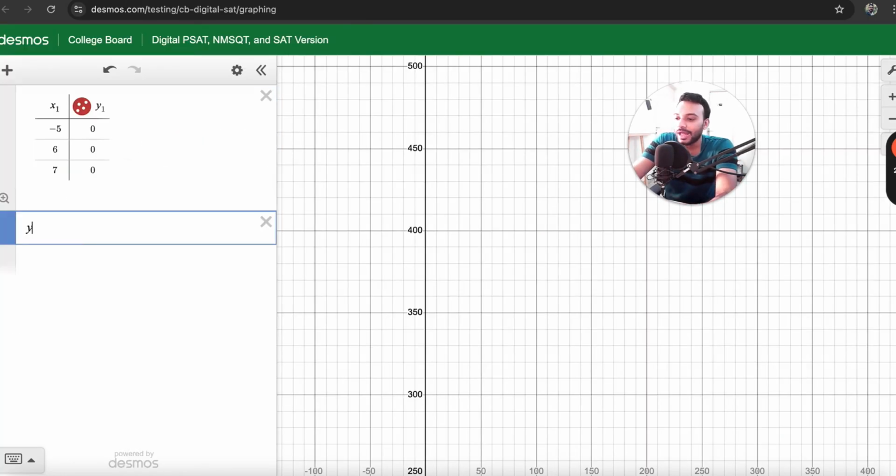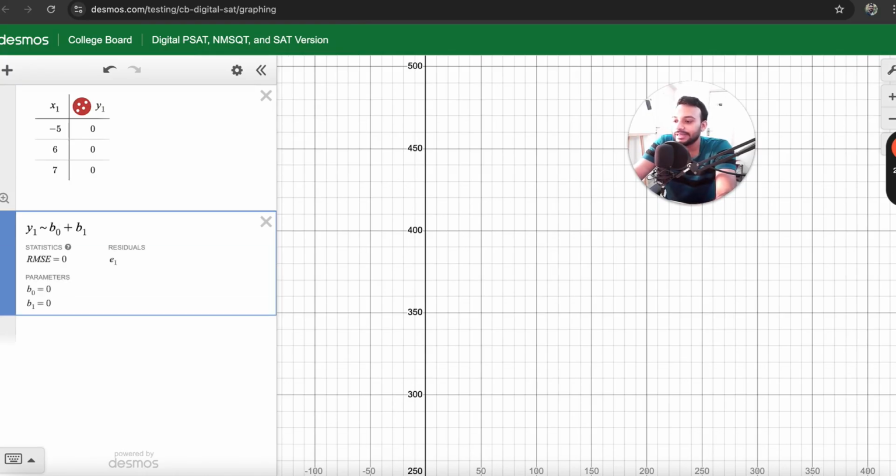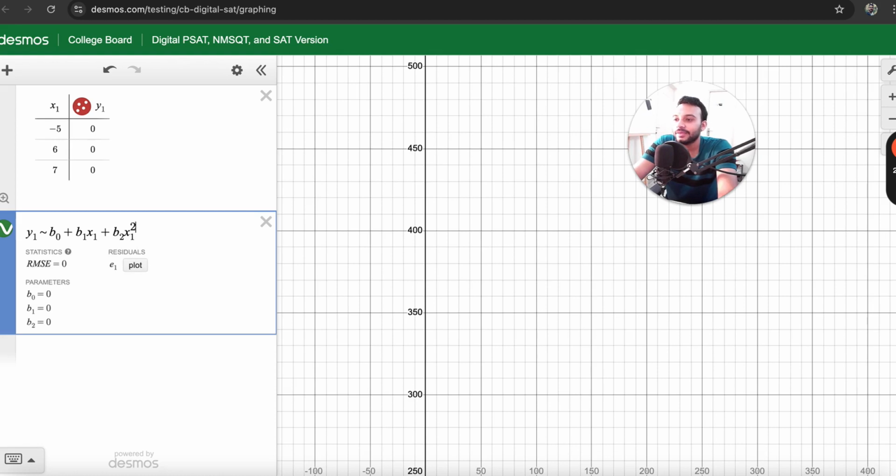Let's do the regression. y1 tilde is equal to b0 plus b1 x1 plus b2 x1 squared, okay, plus x1 cubed. b3's value is 1.